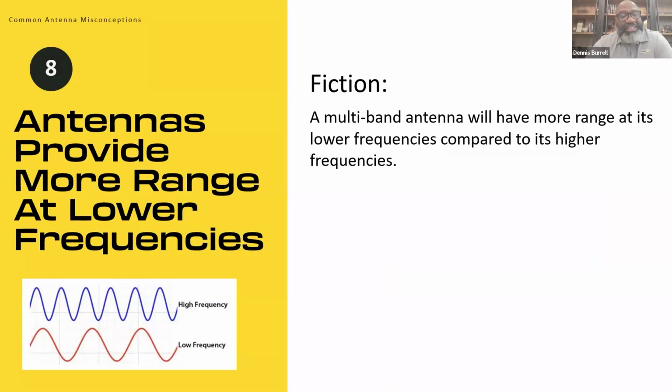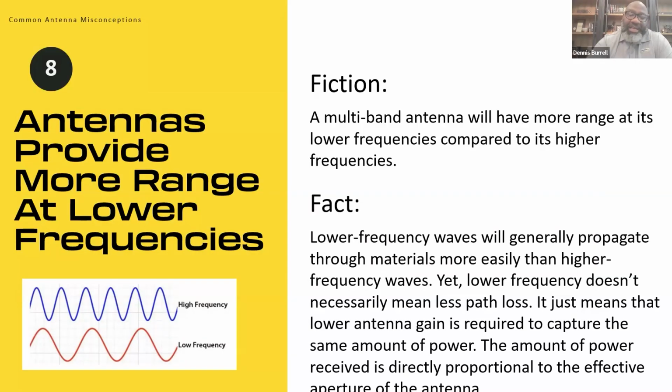Antennas provide more range at lower frequencies. That is a fiction because a multiband antenna will have more range at its lower frequencies compared to its higher frequencies, when in fact, lower frequency waves will generally propagate through materials more easily than higher frequency waves.